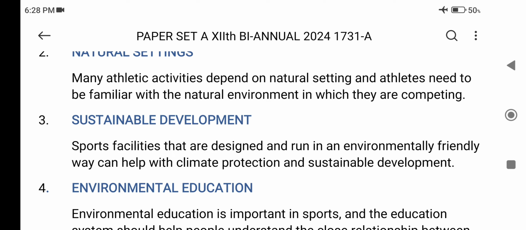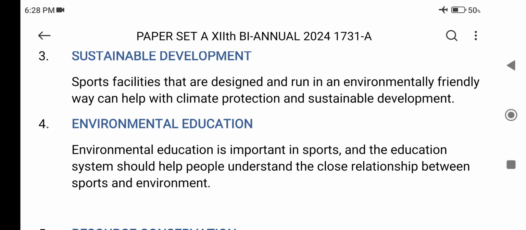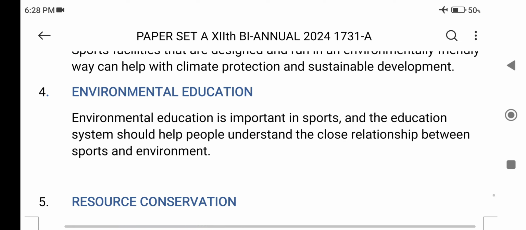3. Sustainable development. Sports facilities that are designed and run in an environmentally friendly way can help with climate protection and sustainable development. 4. Environmental education.